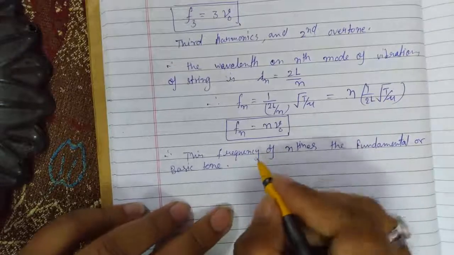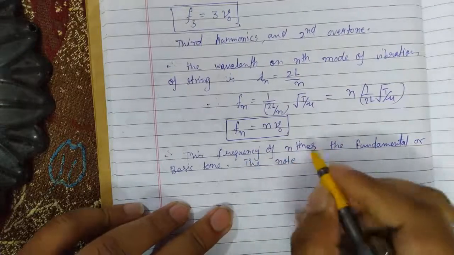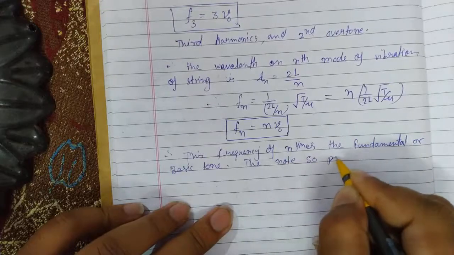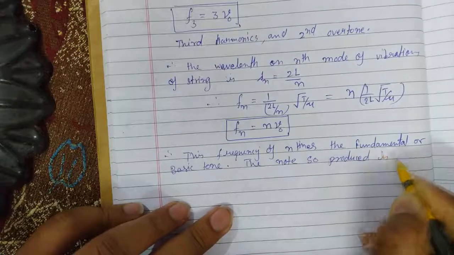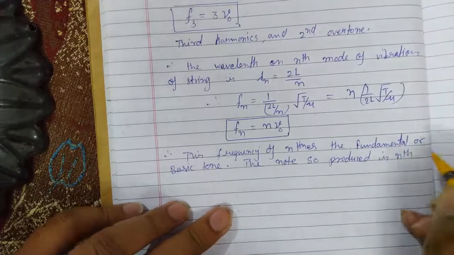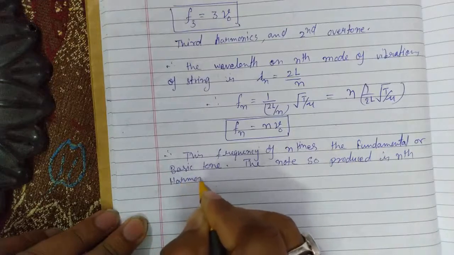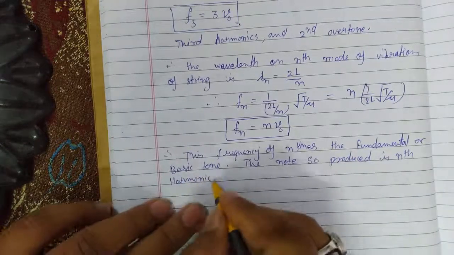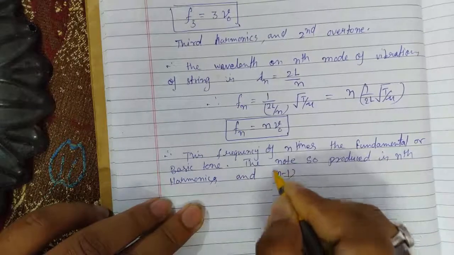The note so produced is the nth harmonic and n minus 1 overtone.